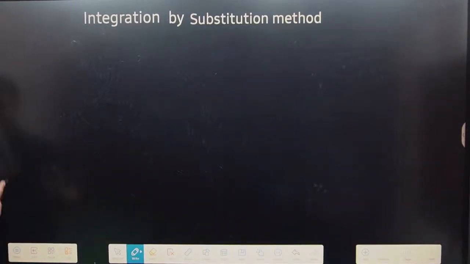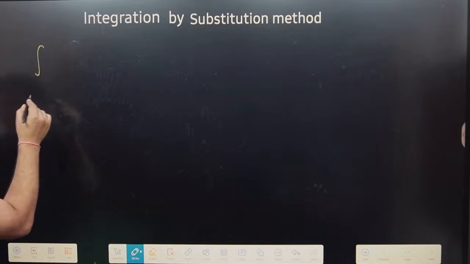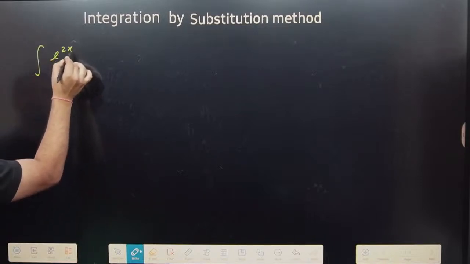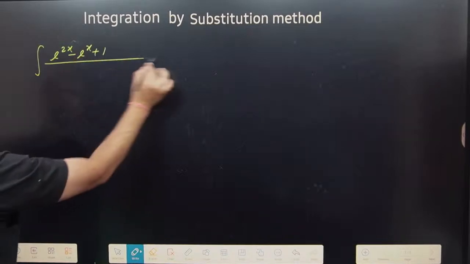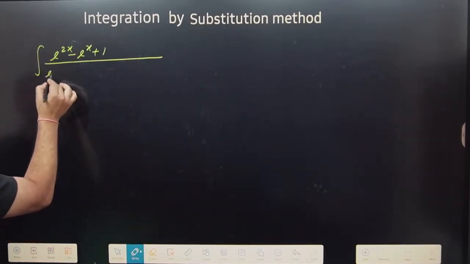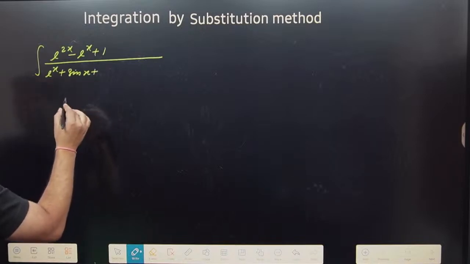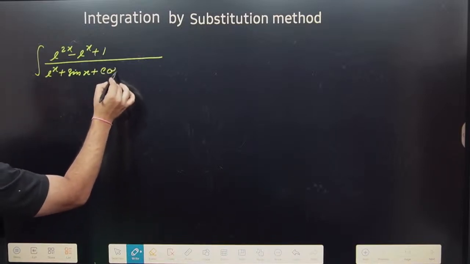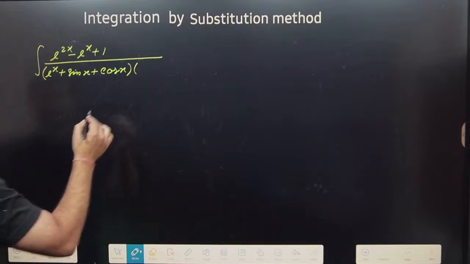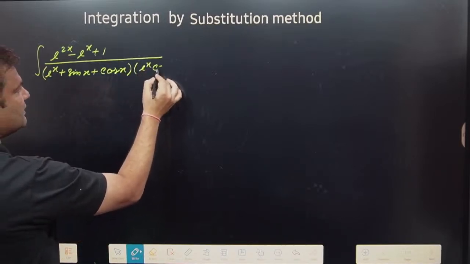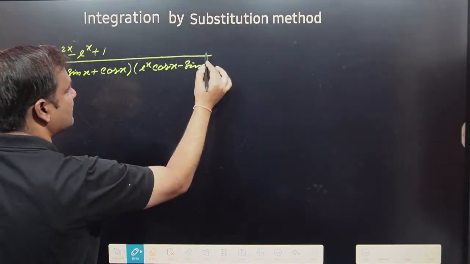So the next problem is integration of e to power 2x minus e to power x plus 1, divided by e to power x plus sin x plus cos x, into e to power x into cos x minus sin x, into dx.